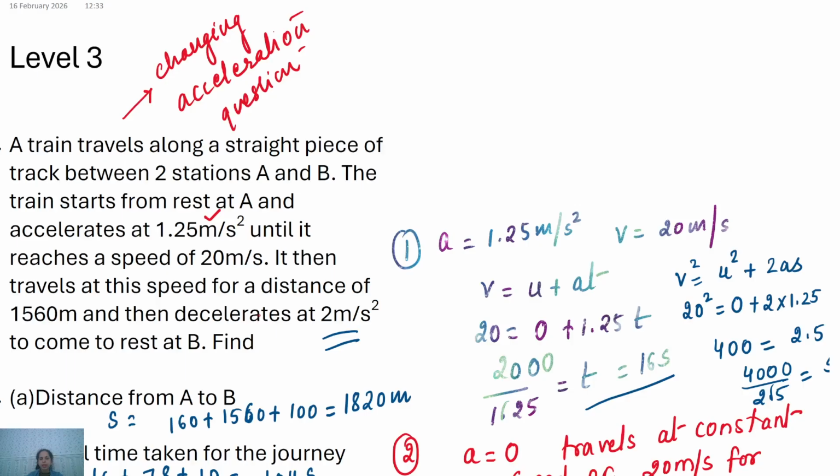The second leg of his journey, the acceleration is 0 because he's moving at a constant speed. The third leg of his journey is decelerating, so acceleration is -2. So this is a changing acceleration question. Whenever you have a changing acceleration question, draw a VT graph.